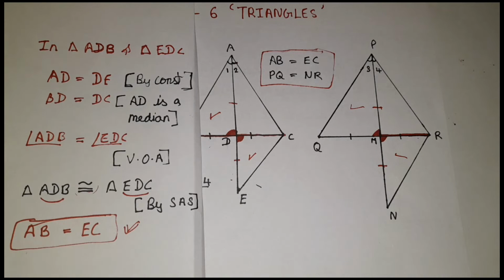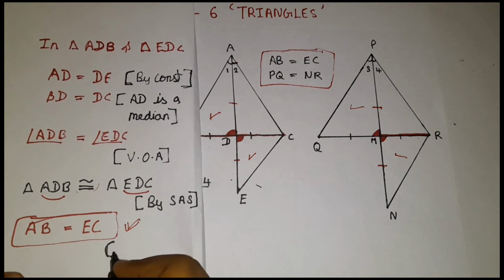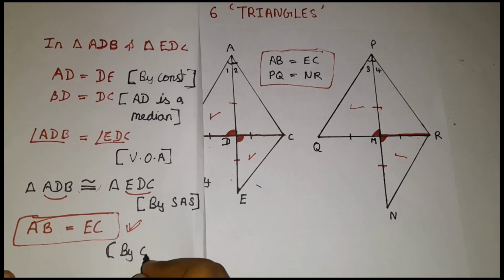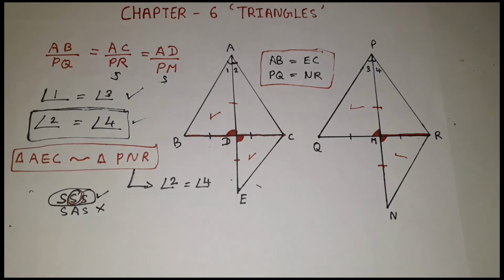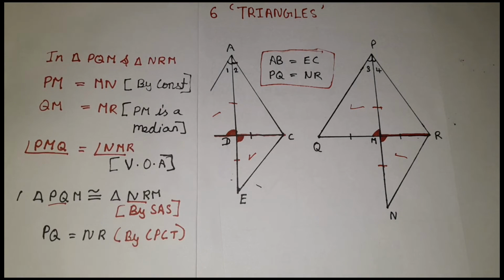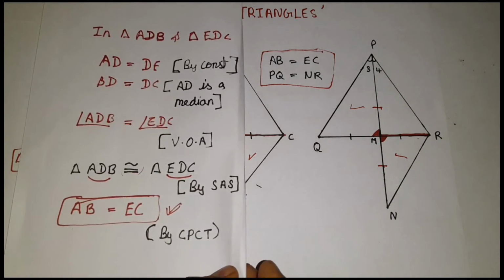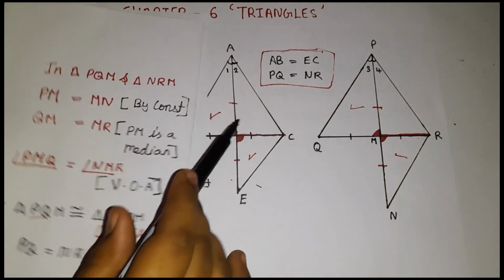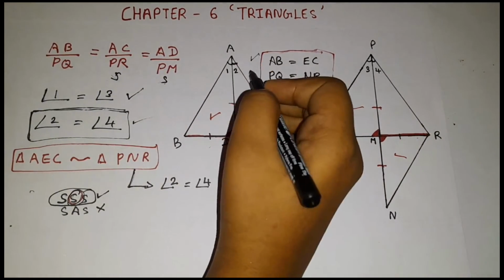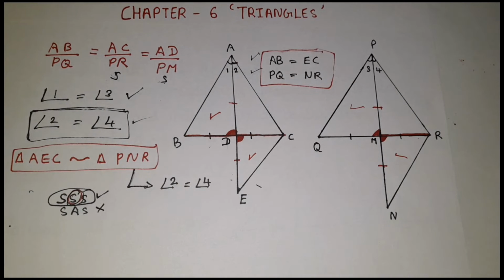While abstracting the values, we are supposed to write by CPCT, just how we wrote it over here. Since we proved it as congruent in both the triangles, I can use these two values.